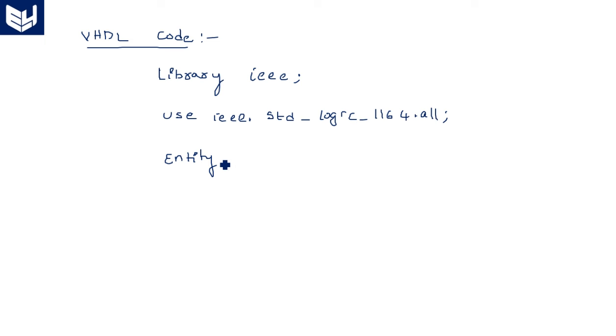Entity is the place where we declare the input and output ports, and architecture is the place where we describe completely the behavior of the hardware model.